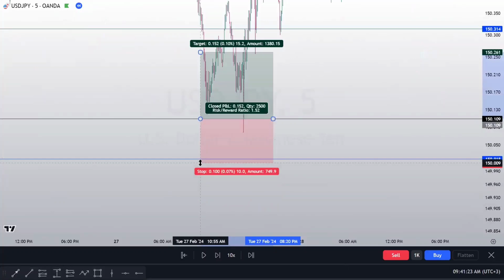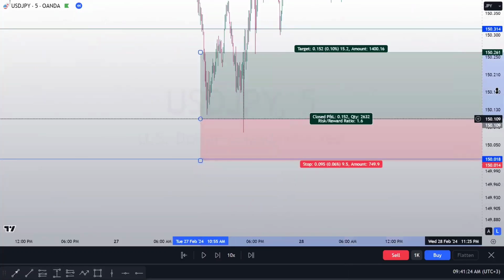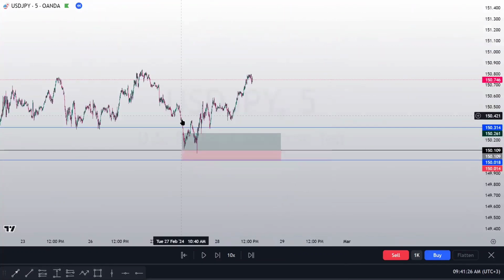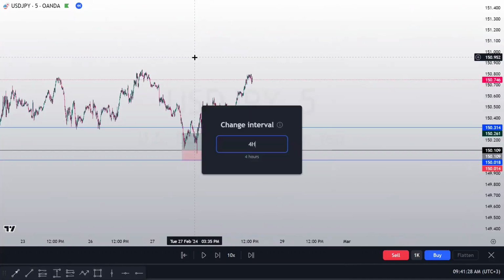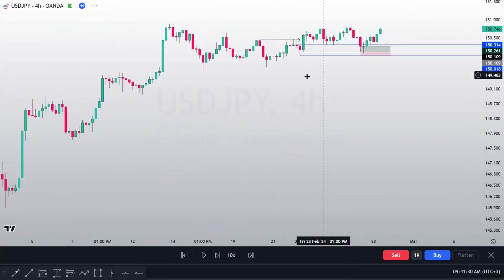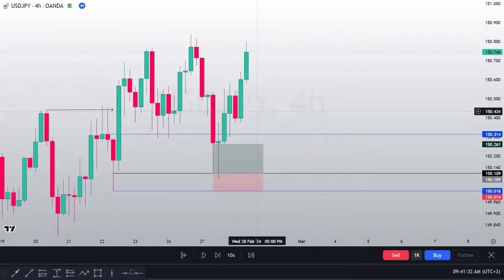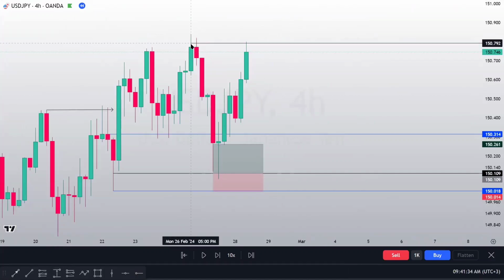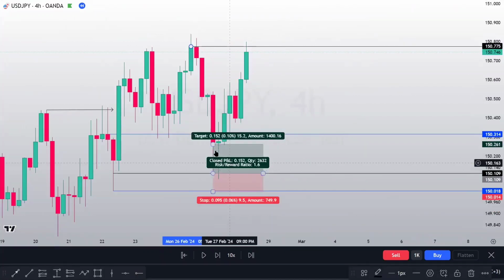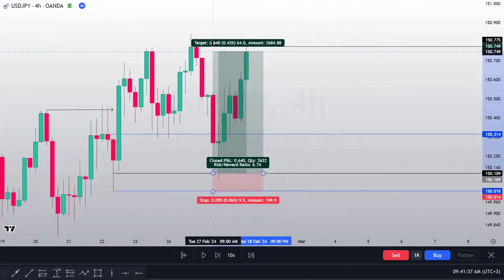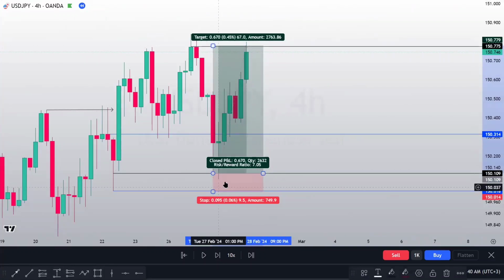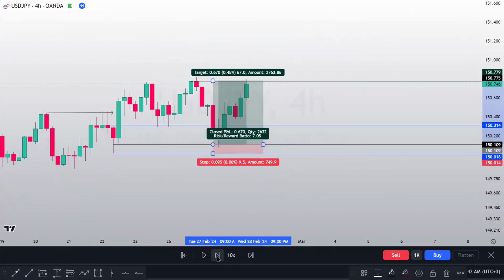As you can see, only 9.5 pips as your stop loss. Your first target was supposed to be on this previous high, which the market came to. So you would have taken almost 1:7, which is more than enough.